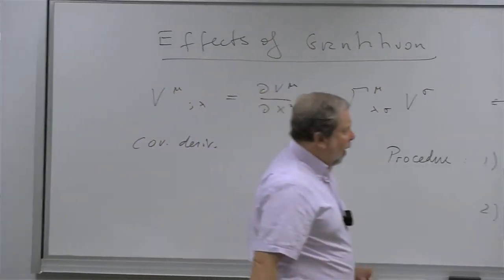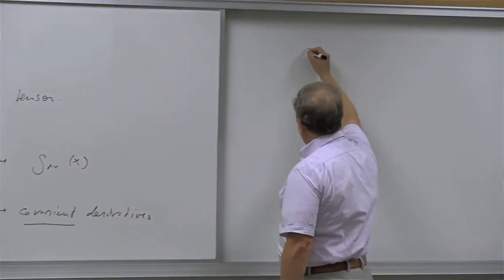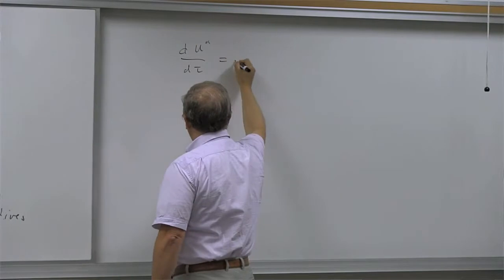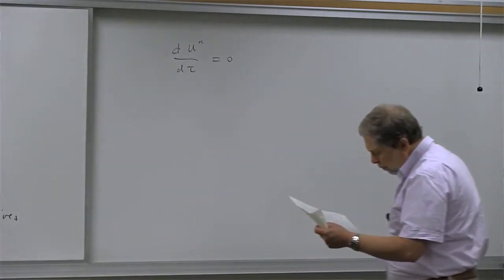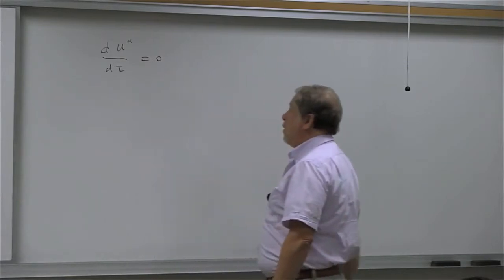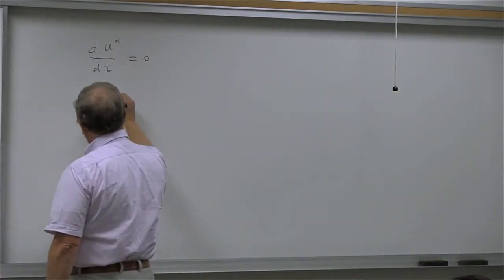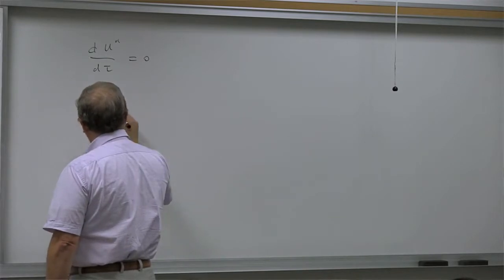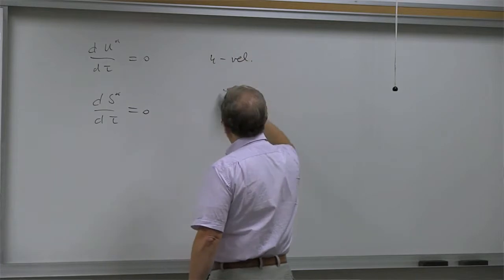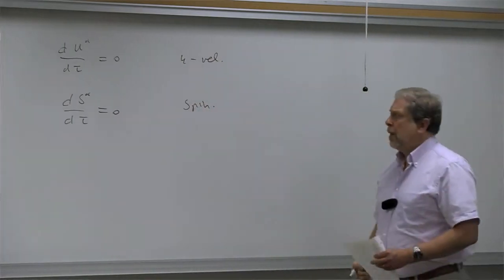So let us look at some of the simplest equations in special relativity. If you have a point particle, for example, you have du alpha by d tau equal to 0, and that would be the equation for a particle that is not subject to any external force. The equation for the spin would be ds alpha by d tau equal to 0. So this would be for the forward velocity, and this would be for the spin, if the particle has a spin.